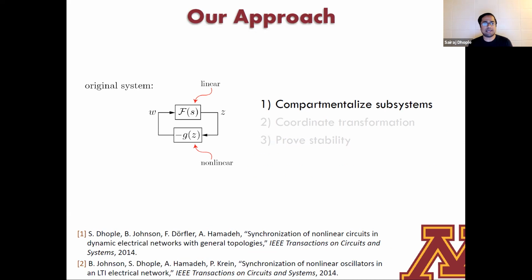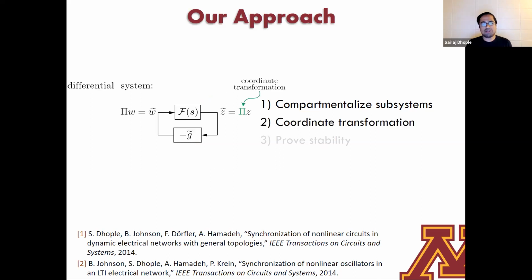This function F, and then there's a bunch of nonlinear elements that I'm collecting in the feedback path, right? So the approach that we follow is to compartmentalize the subsystems: a bunch of linear things in the feedforward path, and a bunch of nonlinear terms in the feedback path.